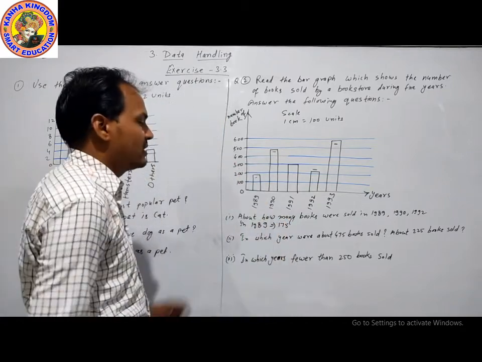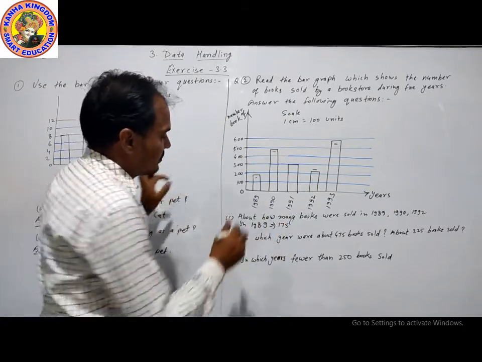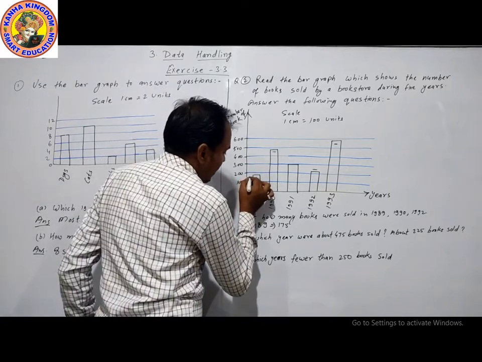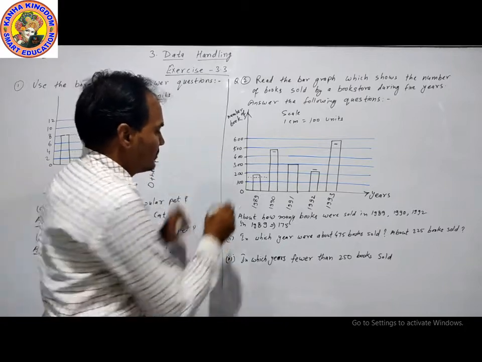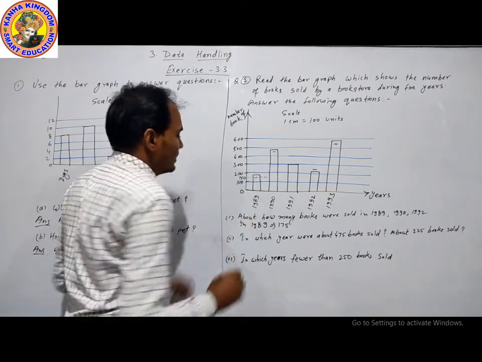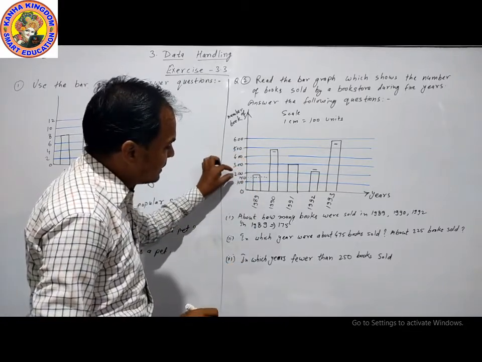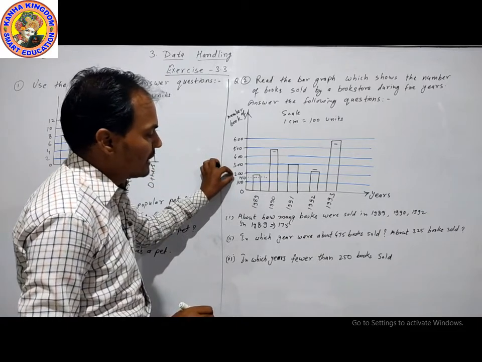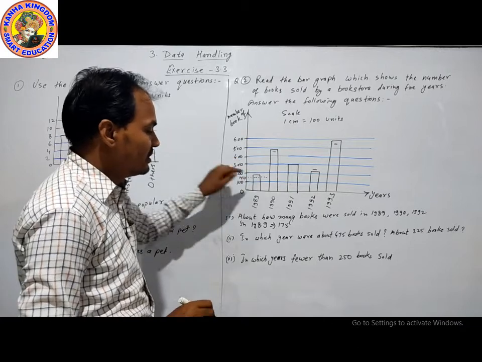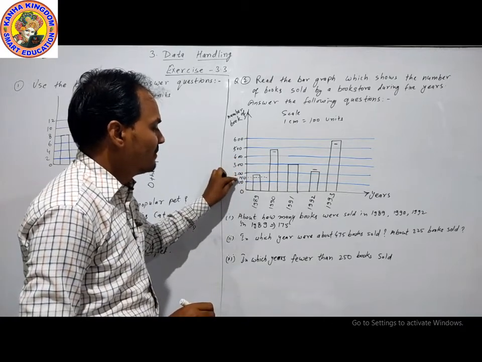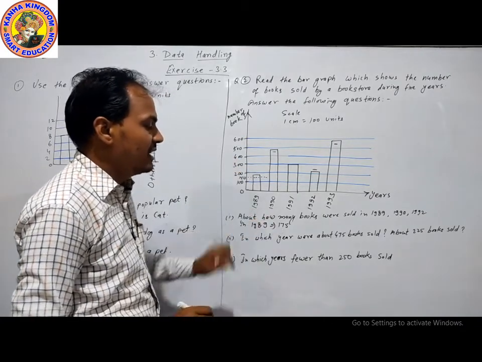This is over 150, and the bar is between 150 and 200, just the middle of 150 and 200 is 175.